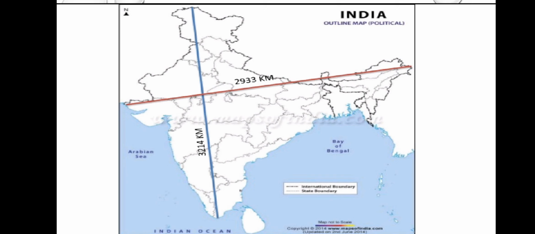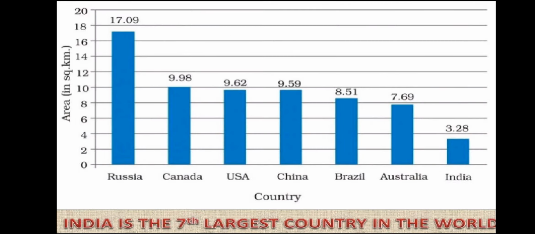Here you can see on the map clearly. If we talk about our country, India is the 7th largest country in the world and 3.28 million square kilometer in area.